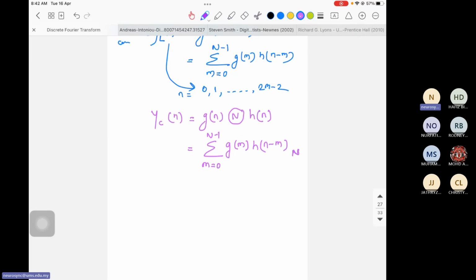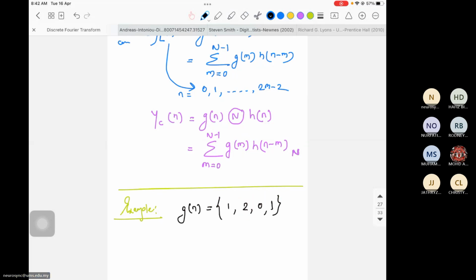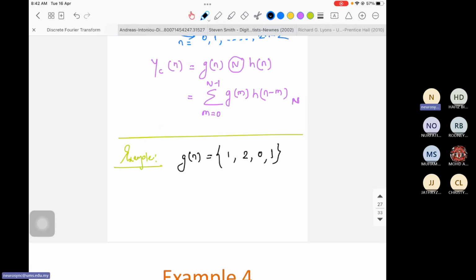Let us take the example. Let us take two sequences. Suppose there is a sequence g of n. The size of this sequence is 4, so it is a 4-point sequence: 1, 2, 0, 1.